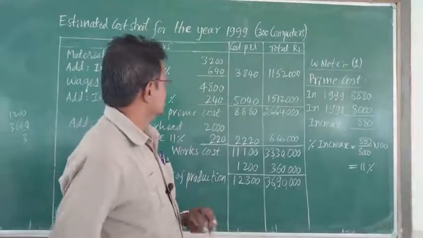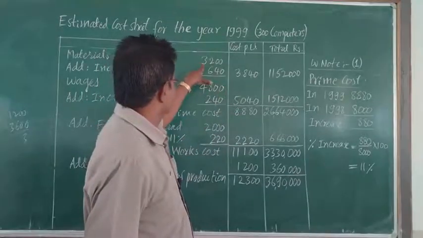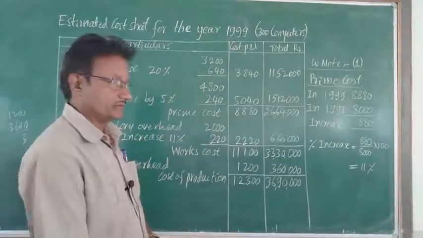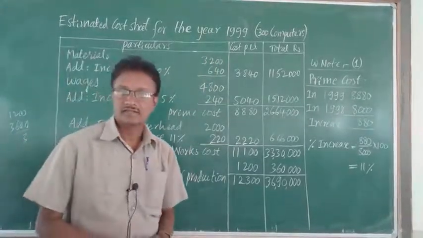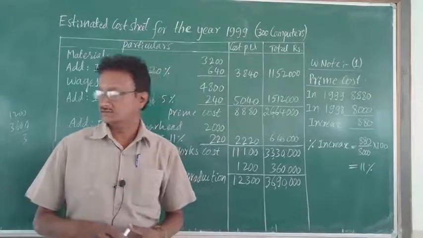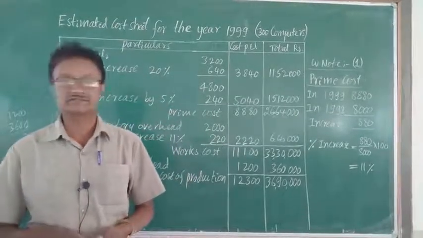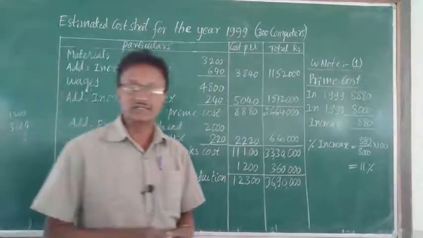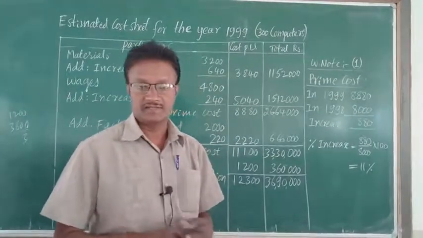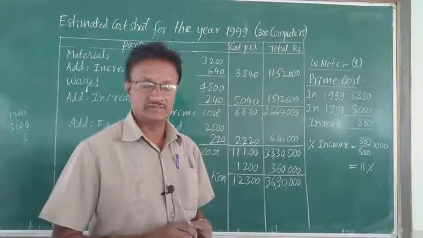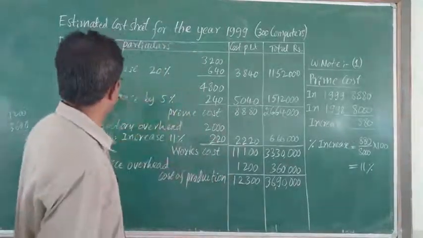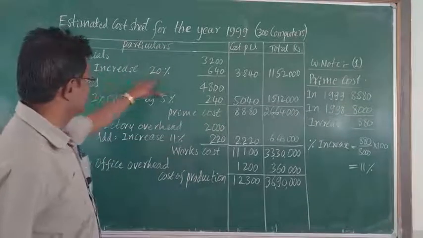So 3,200 material cost is per computer or per unit, but information is given that material cost will increase by 20%. As per the information given in the problem, material cost will increase by 20%. So add the 20% increase.